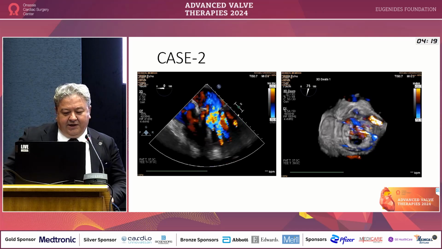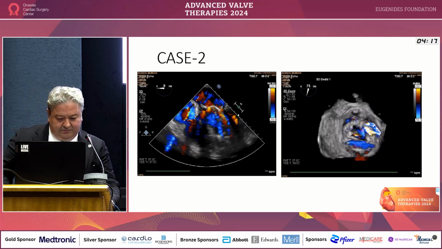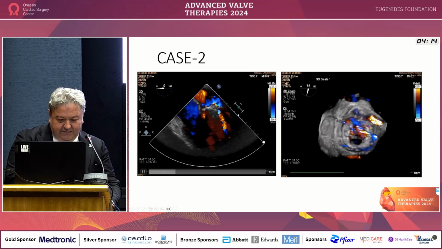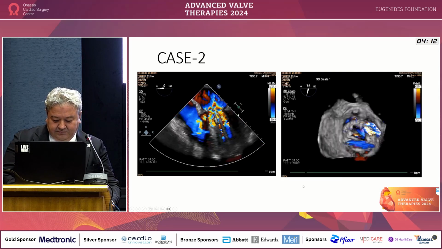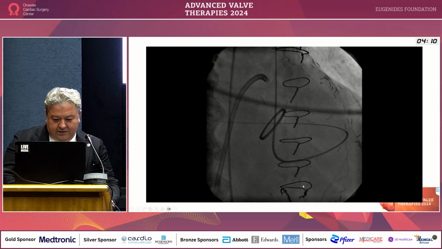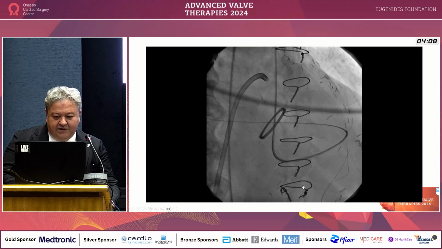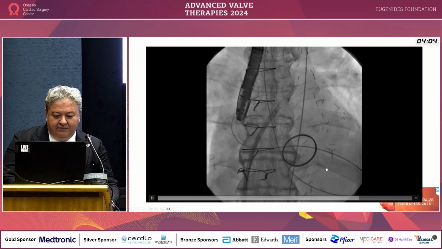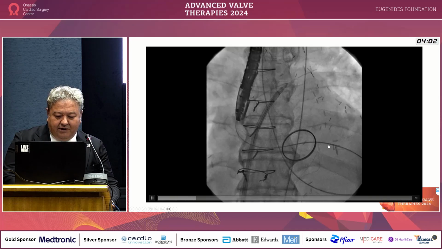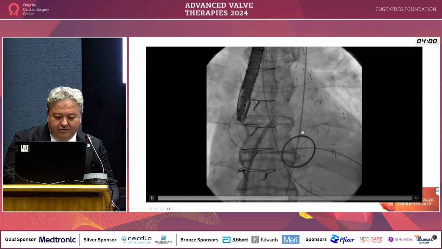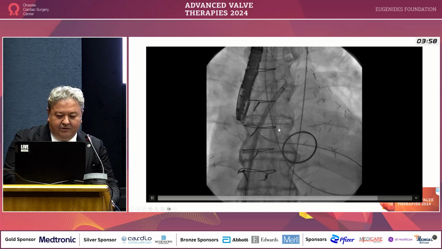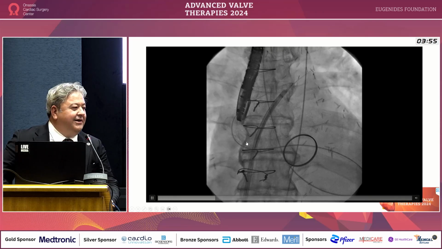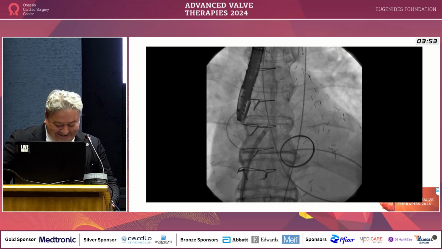This is another case, as you see, the septal region, the medial paravalvular leak. We tried to cross the leak anteriorly, but we were not successful. Then we crossed the paravalvular leak by a retrograde approach and made the arteriovenous wire loop, which Onassis always called me the loop guy.